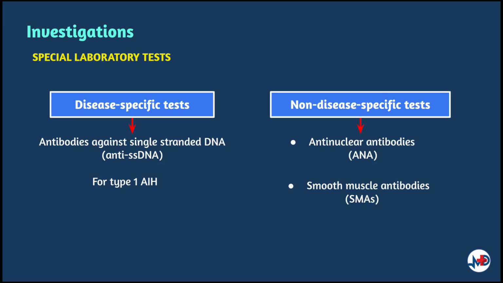Antibodies against single-stranded DNA, or anti-ssDNA, are seen in patients with type 1 autoimmune hepatitis. Antibodies to liver kidney microsome type 1 antigen are a characteristic serological marker for the diagnosis of type 2 autoimmune hepatitis. And anti-LKM3 antibodies are positive in type 2 autoimmune hepatitis as well.